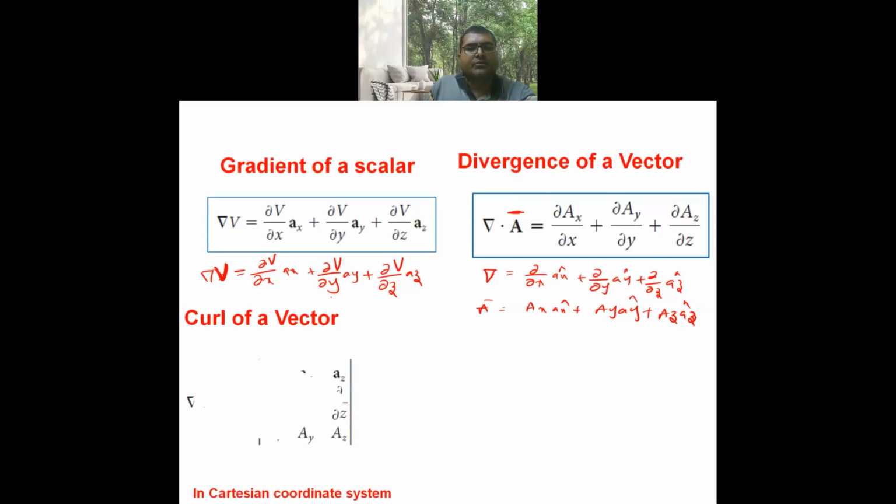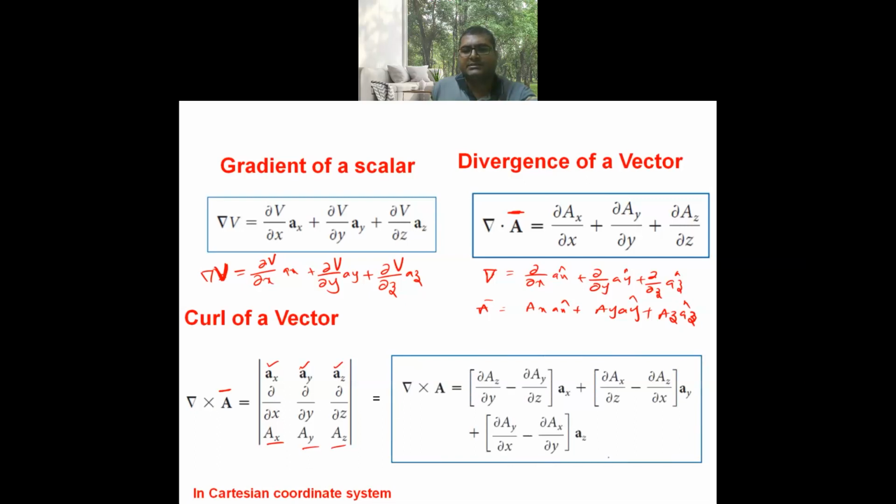The curl of a vector a bar is represented in determinant notation, that is ax ay az, dou by dou x, dou by dou y, dou by dou z, Ax, Ay, Az. Ax, Ay, Az are the components of the vector along x, y, z axis respectively, and its determinant expansion is given by this equation.